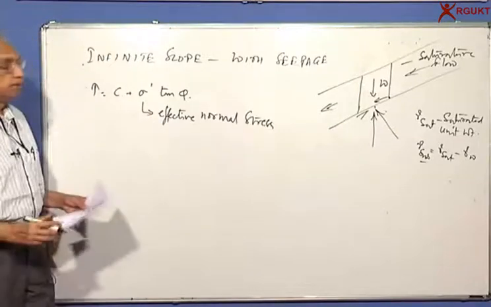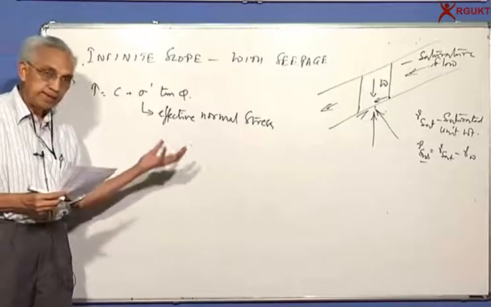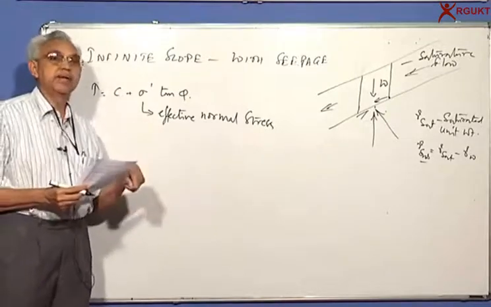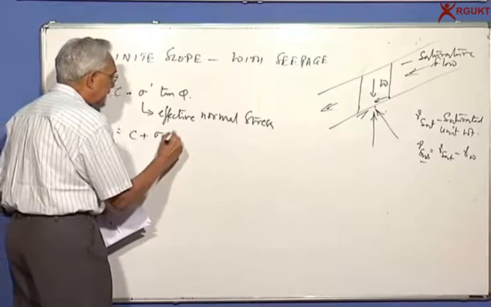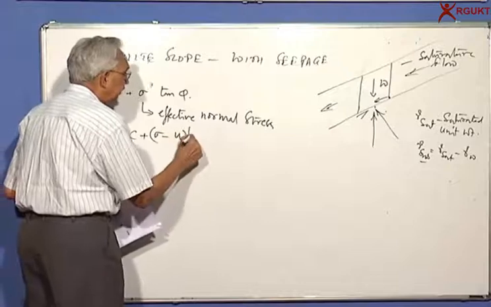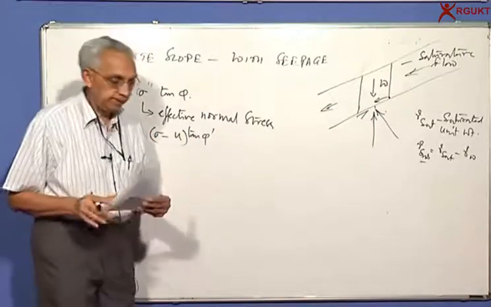Why? Because water does not have any shear resistance. So when I calculate the total stress, I have to subtract the pore pressure. So I would write it as C plus sigma minus u tan phi.